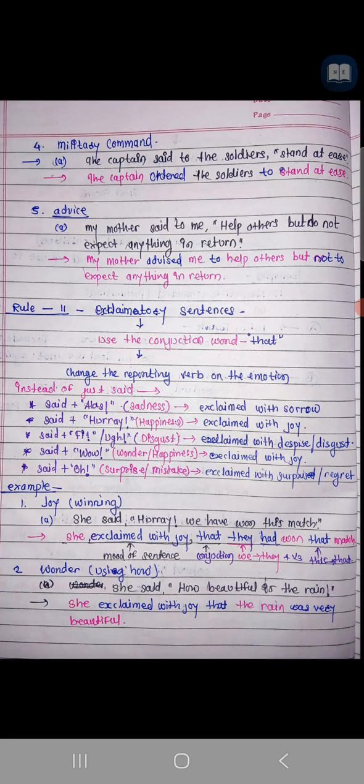Why use exclaimed with joy here? Because I told you, instead of "said plus hooray," remove it. "Hooray, oh my god, hooray" means exclaimed with joy. Your heart has joyful feelings, so use exclaimed with joy. She exclaimed with joy that they had won the match.